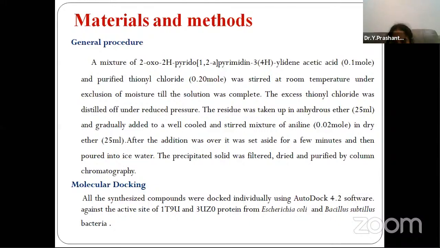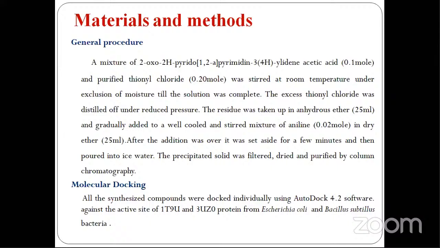You are converting acid to acid chloride, right? Then we are coupling with the amines and converting it to the amide. My question is only about that. You are using thionyl chloride: is it a solvent, or a catalytic amount? Thionyl chloride is a solid? No, it is not a solid. It is a liquid.